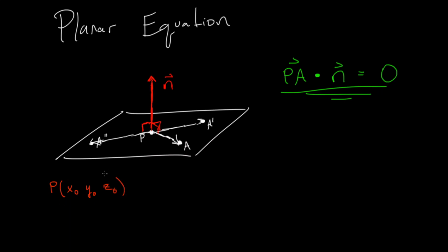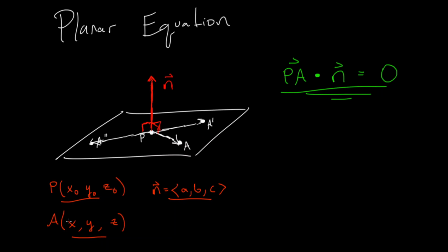Why not? The vector A, the coordinate A, is going to be some arbitrary thing, something you don't know. But that's any point on the plane. And then the normal vector, we usually say that the normal vector is just A, comma, B, comma, C. And with this information, something that we know, something that is on the plane, we can then write the equation of a plane.